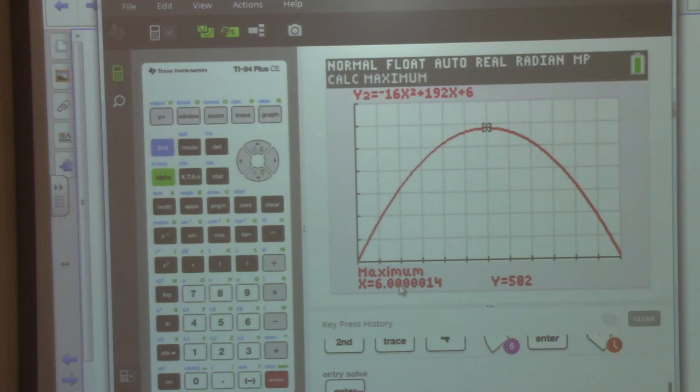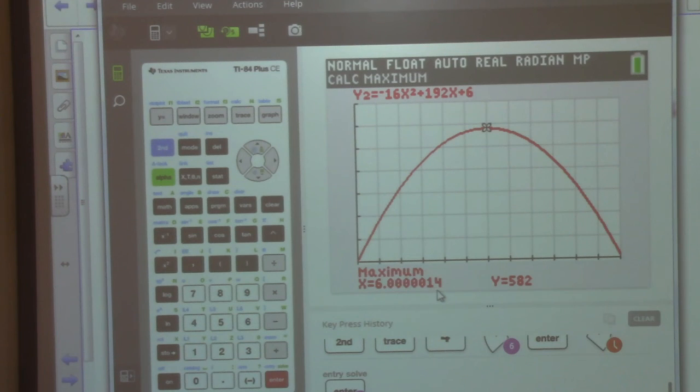Now, remember we found out it was 6 seconds. Where did this 0.000014 come from? Any ideas? The calculator has little idiosyncrasies, like a rounding error, because it estimates to give the answer. In this case, it is 6.